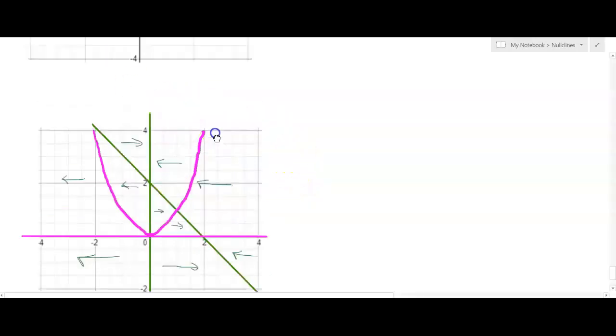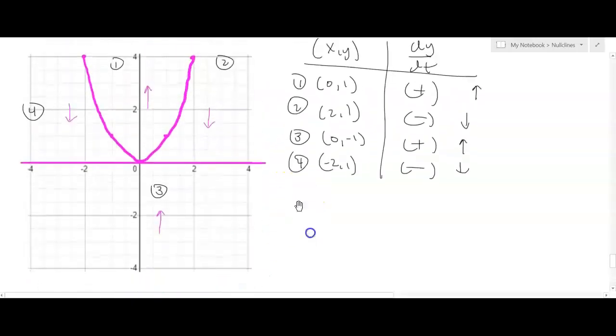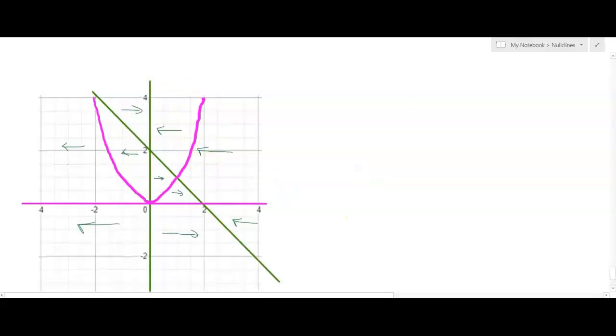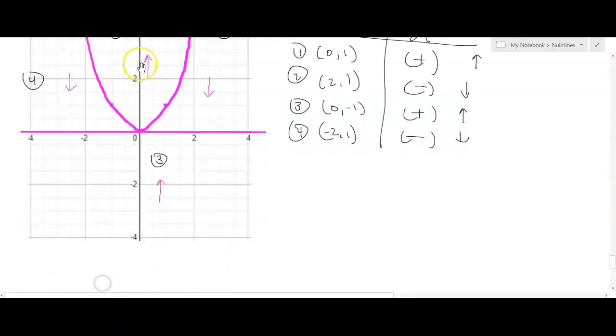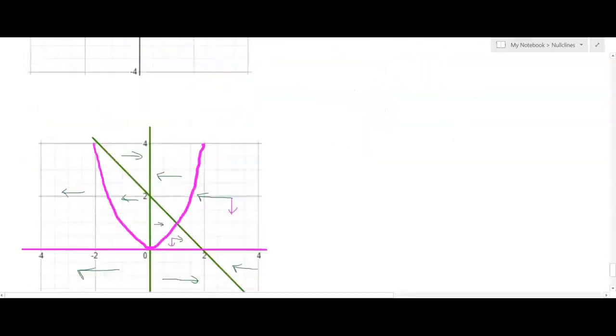Now we have to get the pink components to see whether there's going to be up or down travel. If we're within this region 2 of the y nullclines, those vectors are all going to point down. So that's going to be everywhere inside of this region, so here and here. Now if we're within that parabolic region, above that parabola, all of those vectors point upwards because that's region 1.